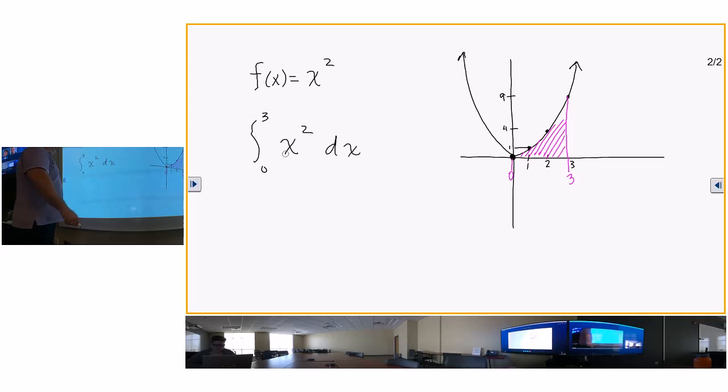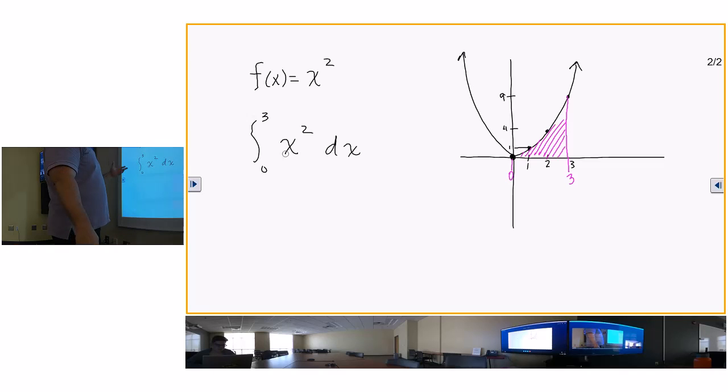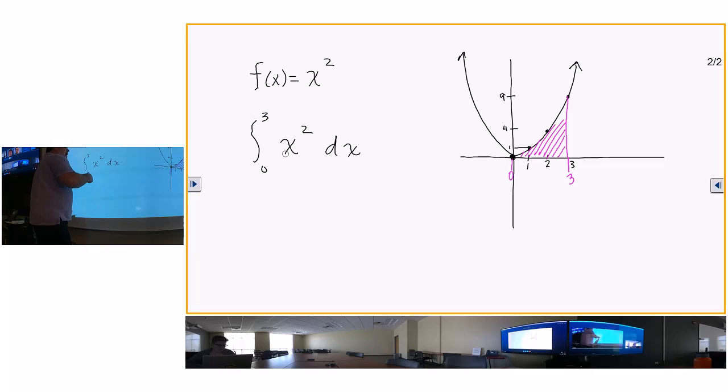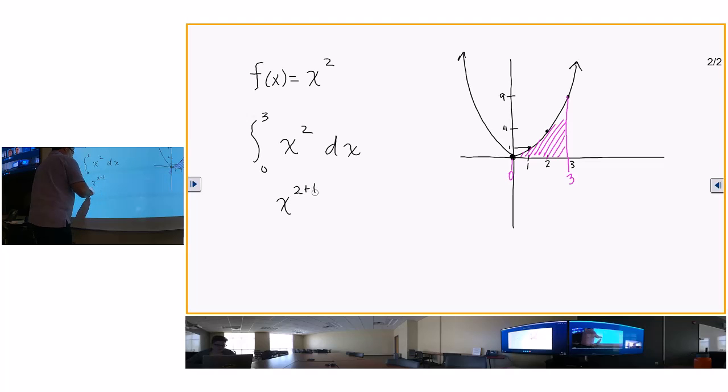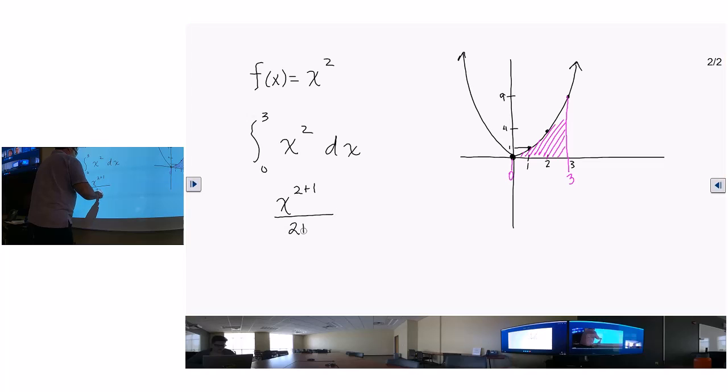Now how do you take the antiderivative of x squared? We learned how to take the derivative of it. That would be 2x, wouldn't it? Yes, but that's not how you take the antiderivative. You take the antiderivative by doing the opposite of the derivative. X to the 2 plus 1 over 2 plus 1.